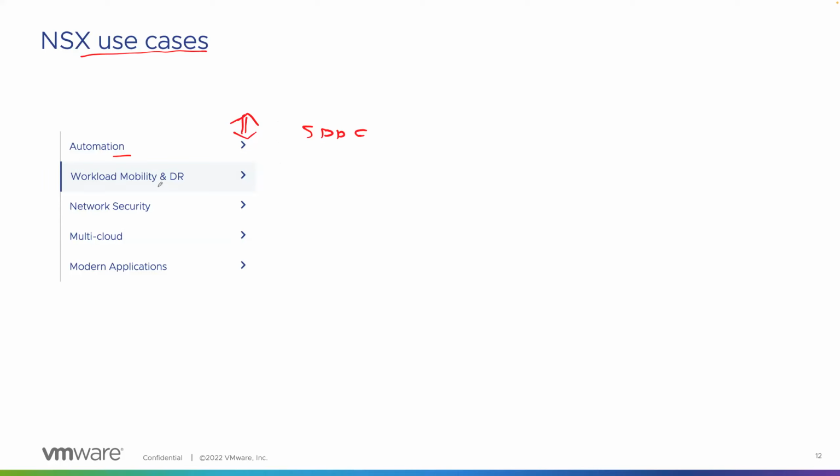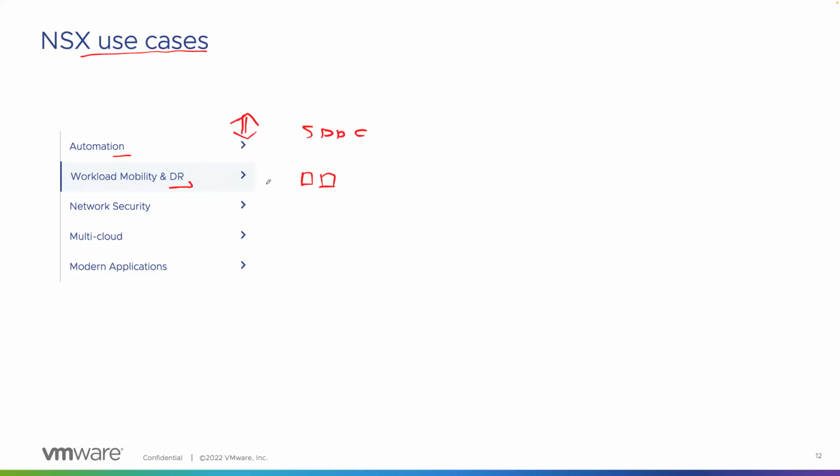Another use case is DR, or resiliency, or just a redundant data center. For example, an enterprise planned to build two data center networks.